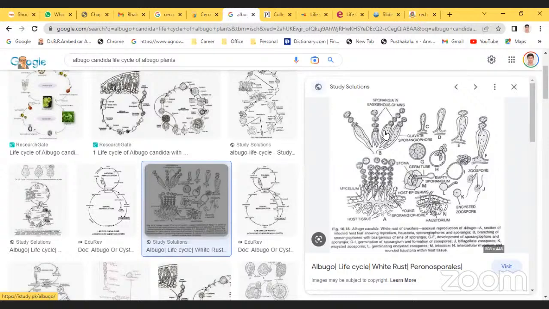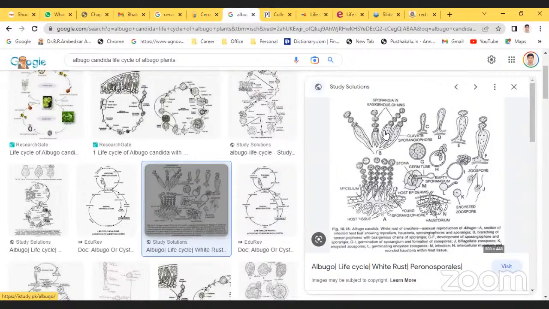What are the families affected by white rust? Cruciferaceae, Compositae, Amarantaceae, and Capparidaceae. The very popular plants Brassica oleracea, Brassica nigra, Brassica napus, and Raphanus sativus are mostly affected by this disease.